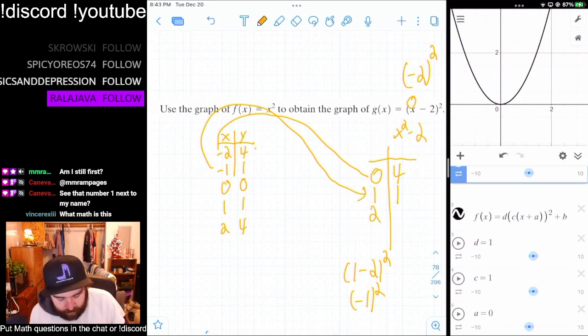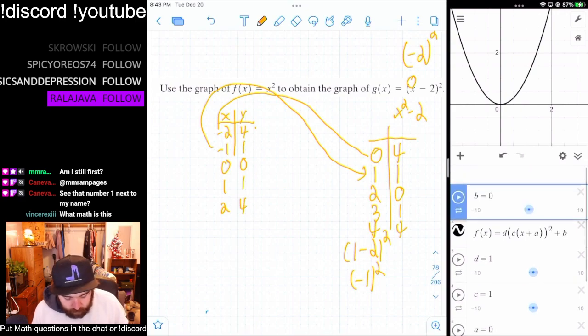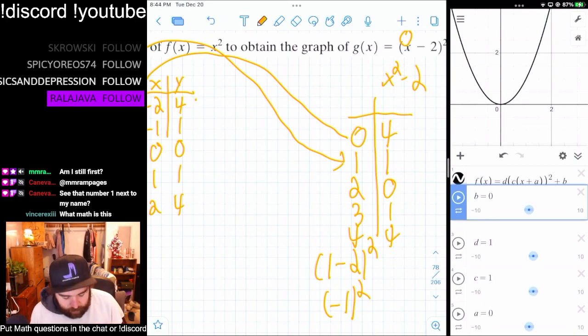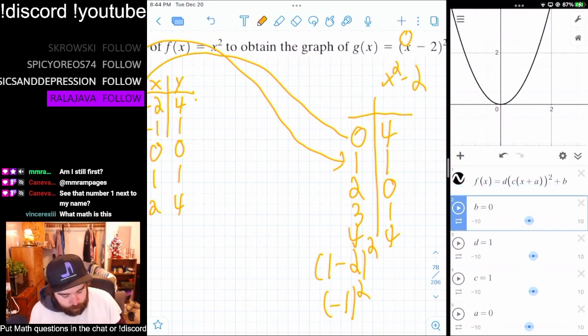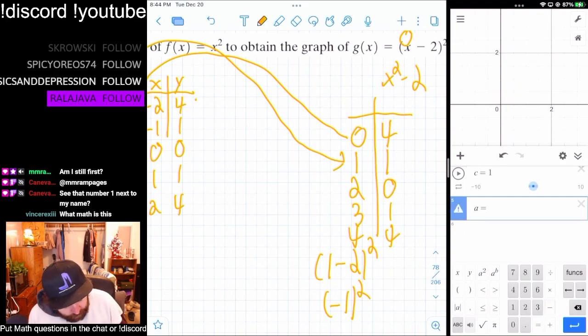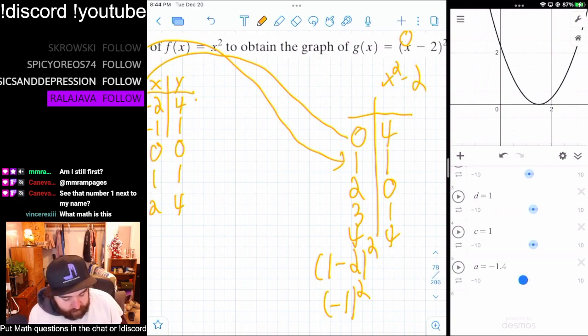So if we continue that, this is 2 and 0, 3 and 1, 4 and 4. So what is this going to do? Well, we're adding 2 to all the x values, so that should just move it 2 in the positive direction. So if we make this a negative 2, it moves it in the positive direction.